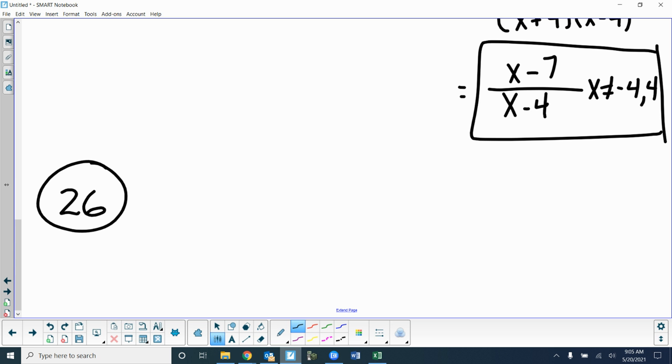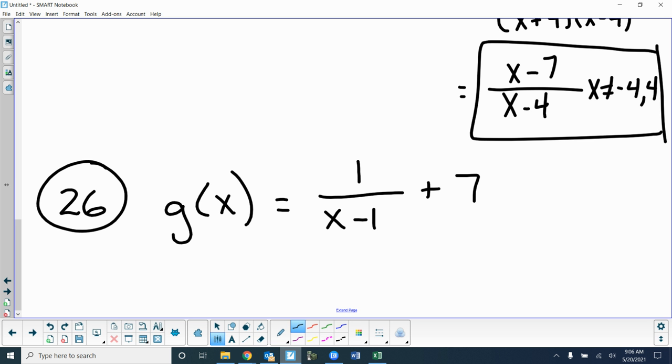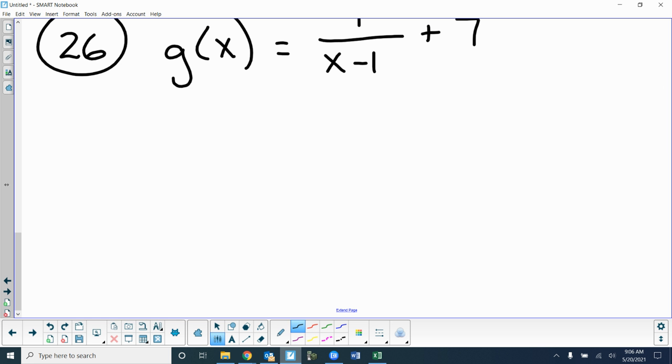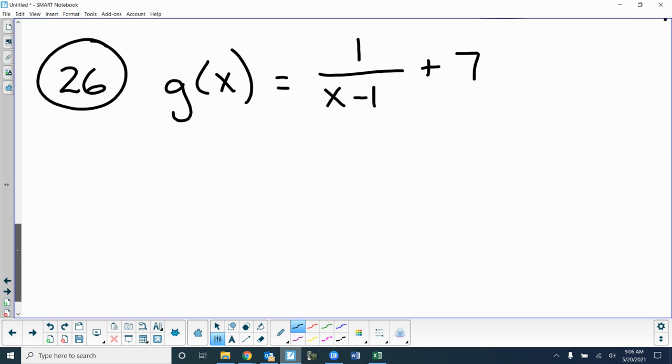All right, so we have a function, and it asks for asymptotes, domain, and range. Okay? Remember, domain is which values? X, very good. Range is Y, all right?